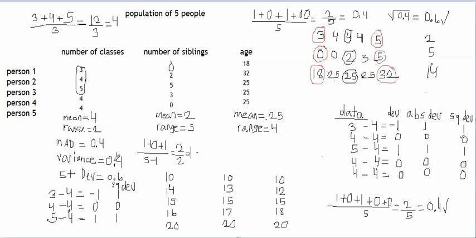The reason it's called a population variance is because the data that it was calculated with was an entire population and the adjustment wasn't used. We divided by 5. We didn't drop this number down by 1. So the answer is called a population variance.